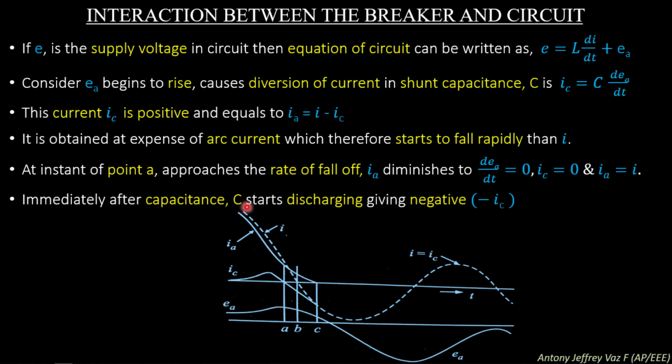Immediately after, capacitance C starts discharging, giving a negative IC. So after this point you can see the capacitor starts discharging, so IC becomes negative, but I and IA are still positive.